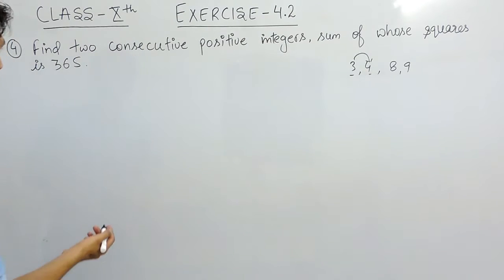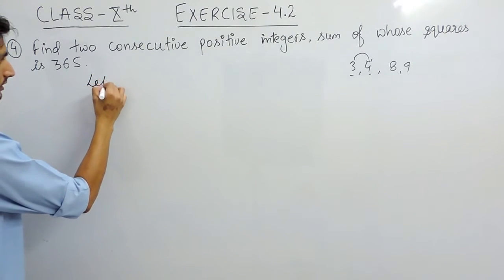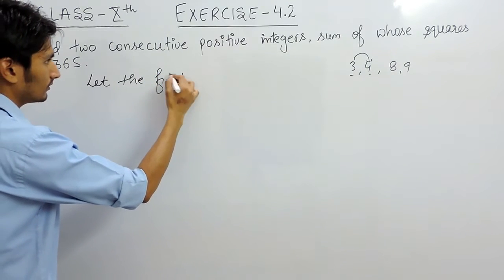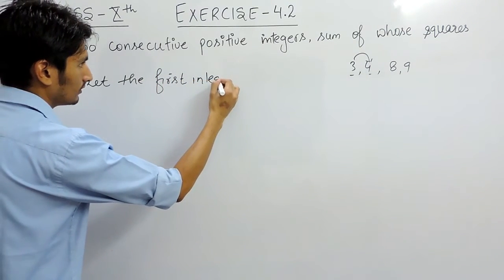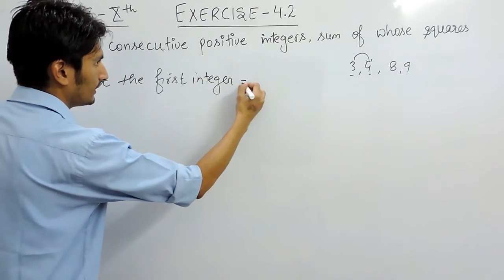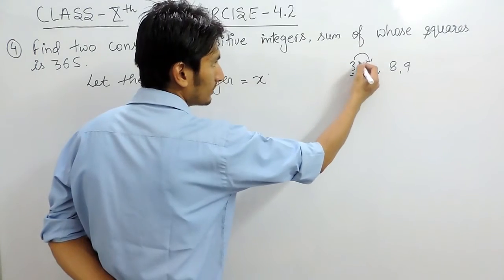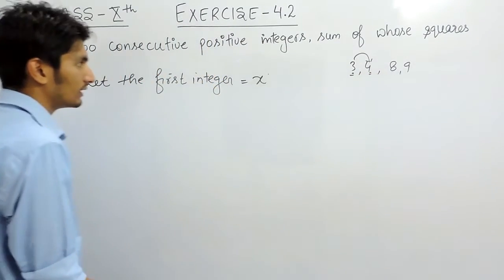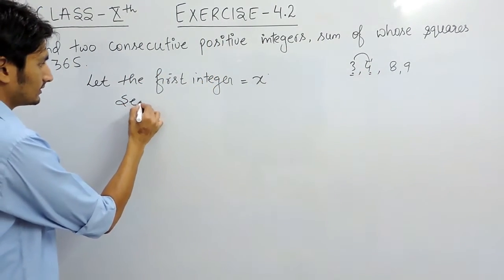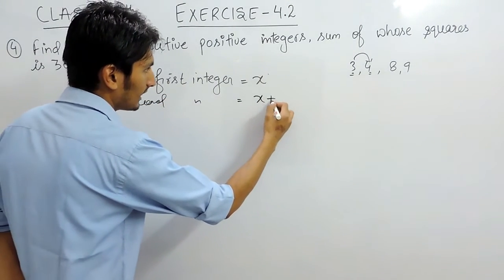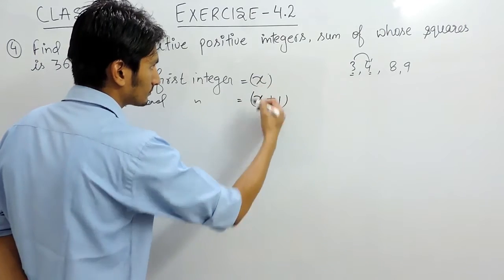So let's suppose the first integer equals x. Clearly if the first is x, the next one must be one more than the previous one. So the second integer must be x plus 1.